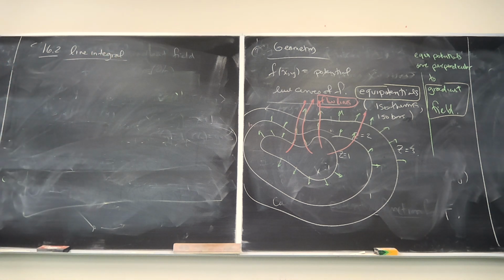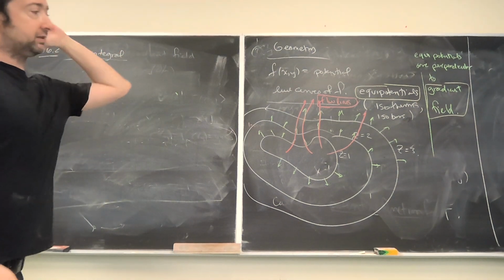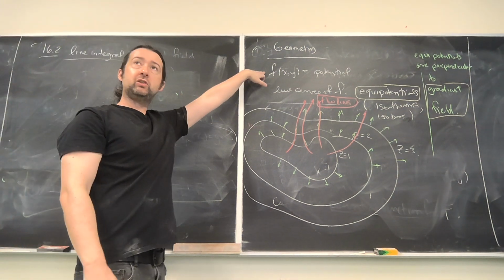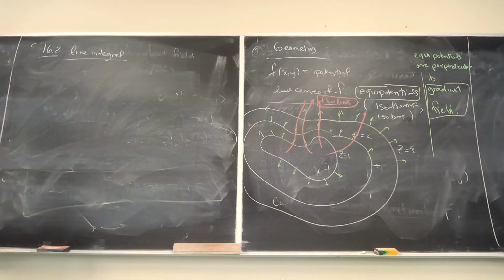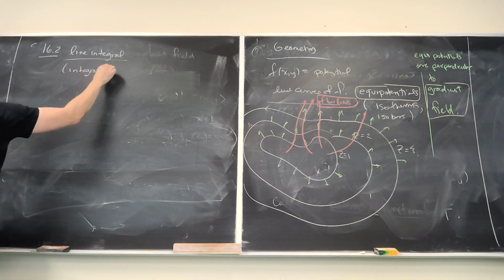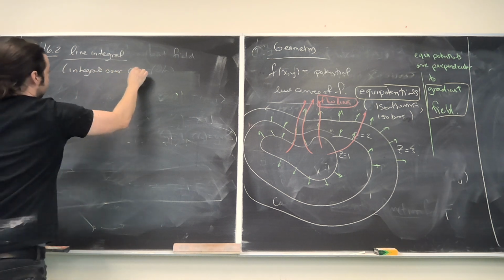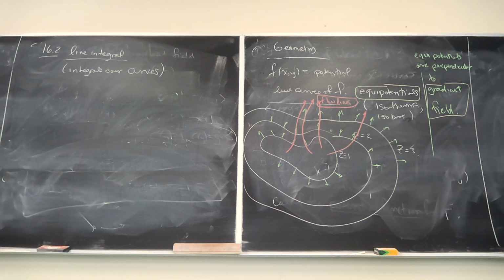The idea is I want to set up a notion where I can take things like scalar potential functions and gradient fields and do calculus with those functions. But in order to do that, I'm going to be doing integrals over curves. And that means I'm going to remind you how the basic parameterizations work.